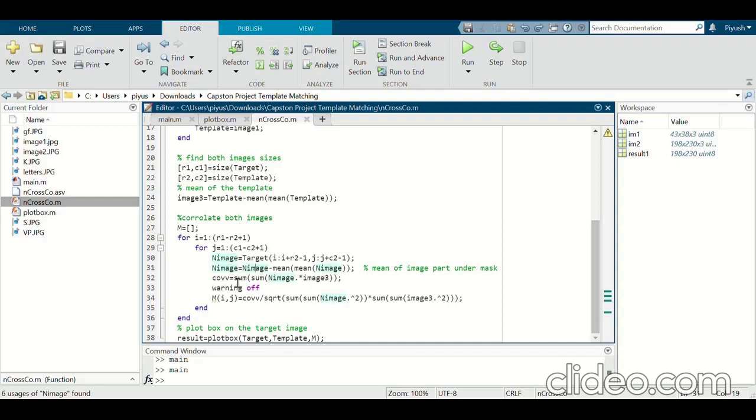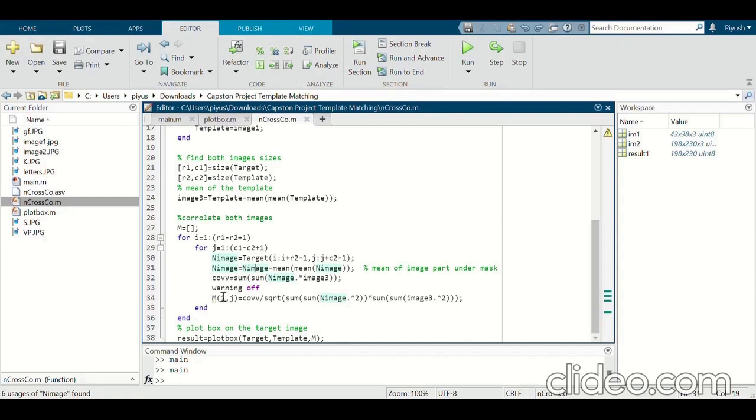Then what I am calculating here is the covariance. Now how do I calculate covariance? Let's first understand what covariance of x and y is. Covariance of x and y is x minus mean of x multiplied with y minus mean of y, and then for this function I am calculating the mean.